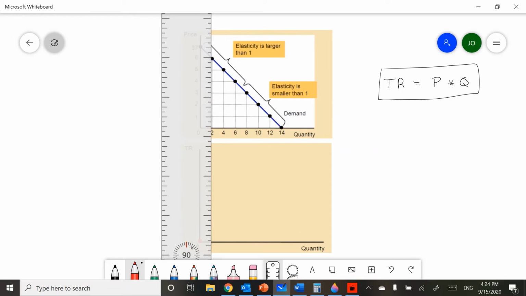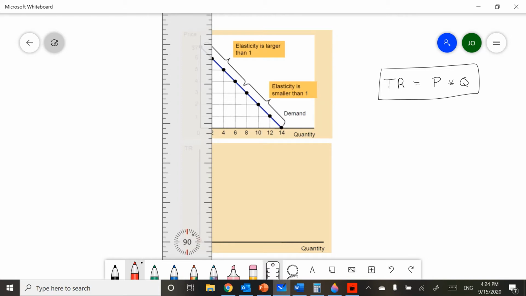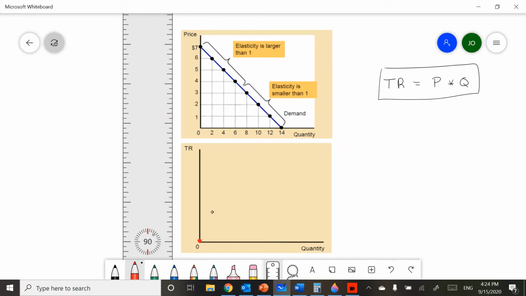If we continue this analysis, 6 times 2 would be equal to 12. If we take all the points on that demand curve, multiply price times quantity, we would get the following.